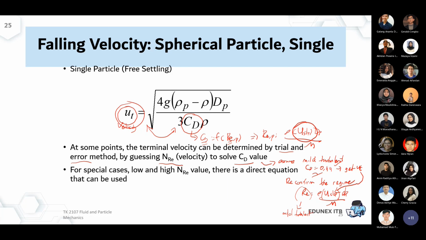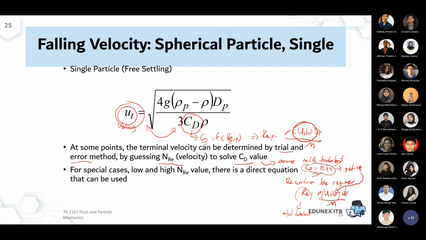But after the reconfirmation, if you actually get RE to be less than 1, 0.1 something, you have to recalculate using the other assumption. In that case, maybe you assume the CD to be the one that holds for a laminar regime, 24 per RE.